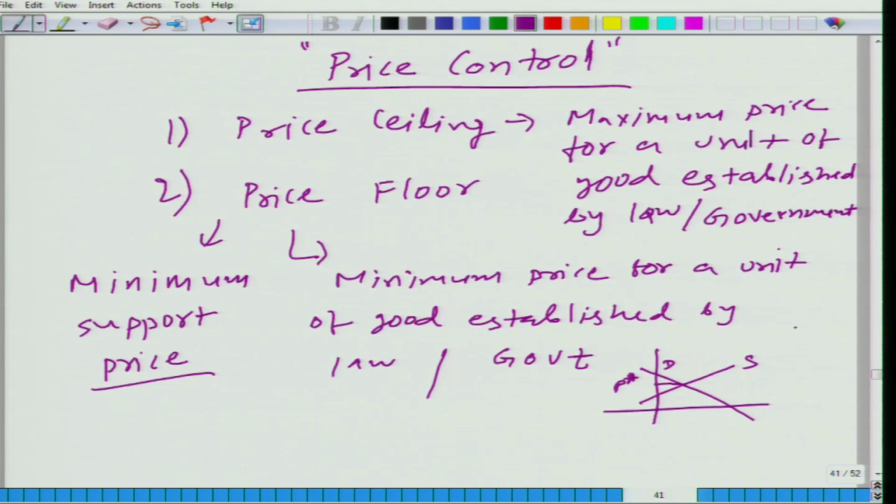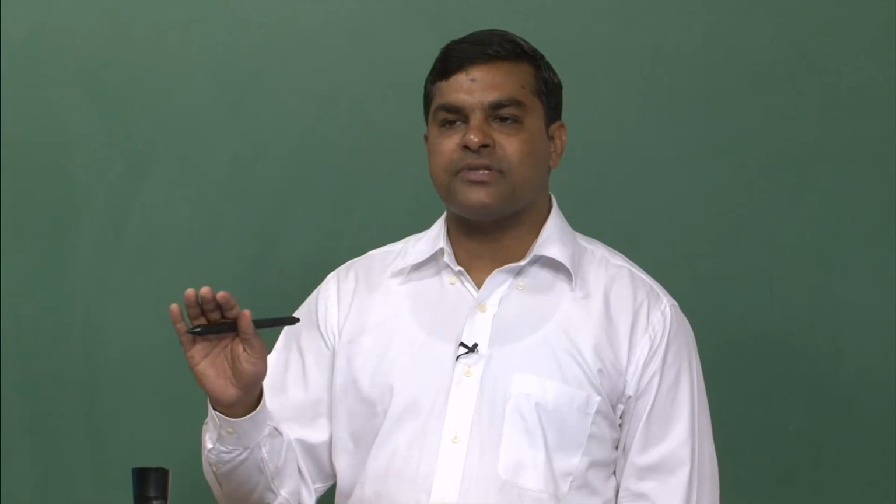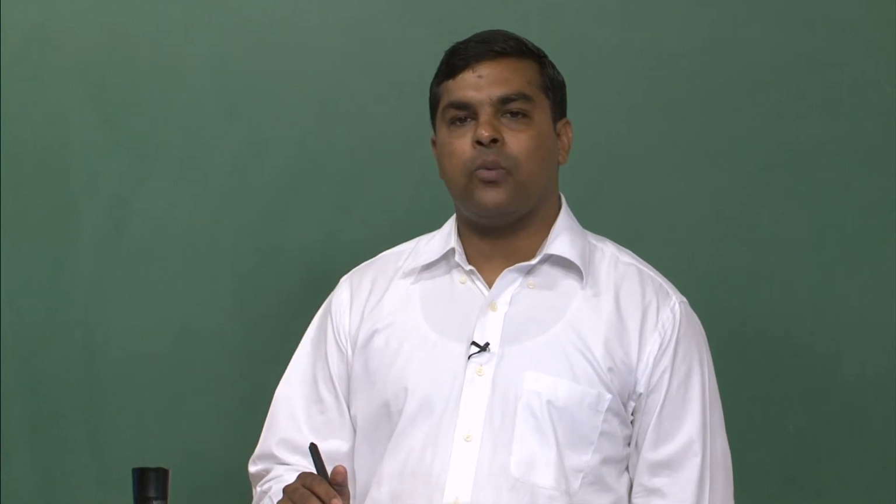If the government fixes the minimum support price lower than the market equilibrium price, what would happen?